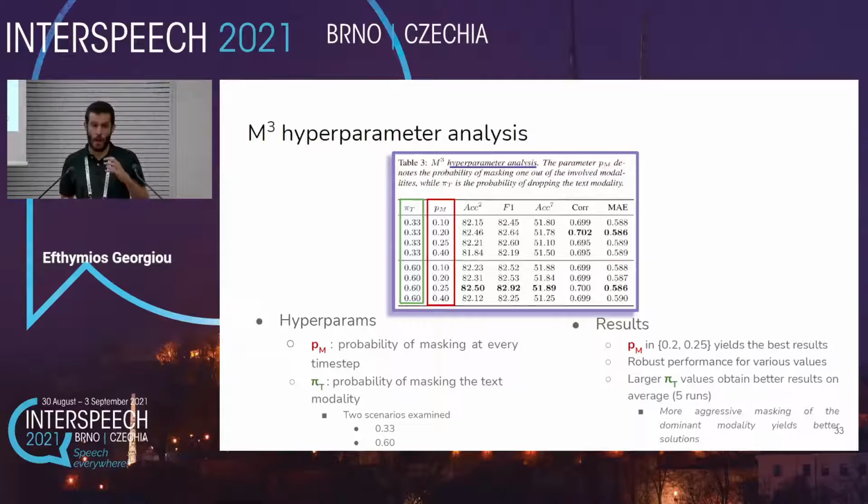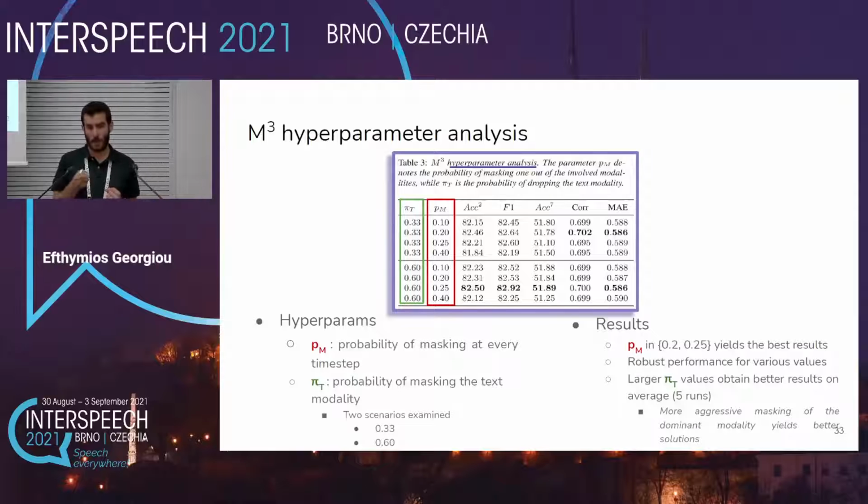What we see from this table is the following. First of all, the best value for the probability of masking at every time step is consistently 0.20 and 0.25 for both scenarios: the scenario where all modalities have equal probability of being masked out, and the scenario where we more aggressively mask the text modality.